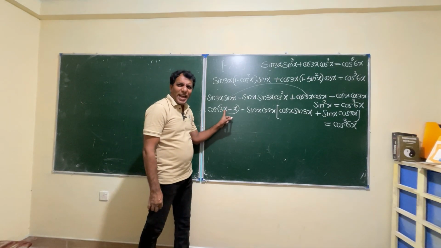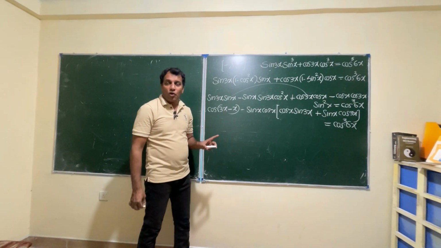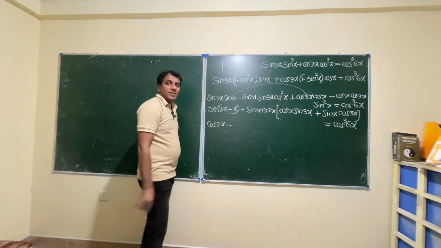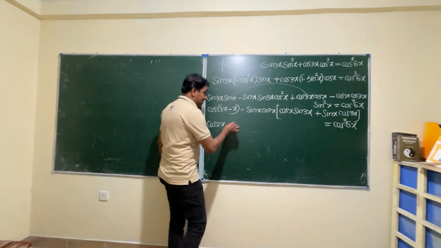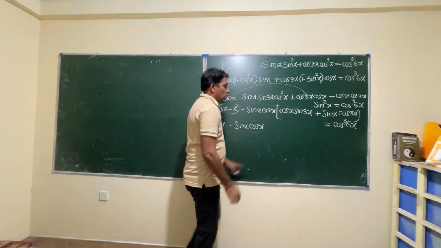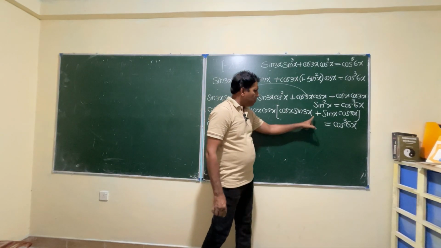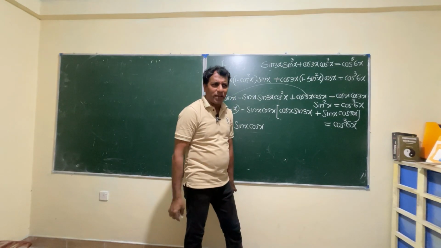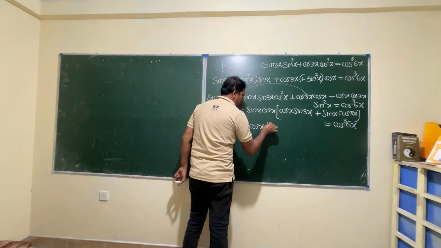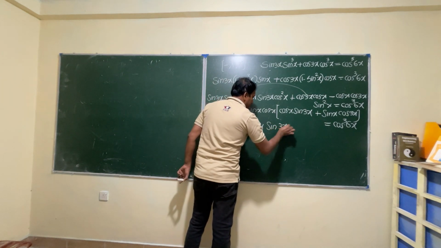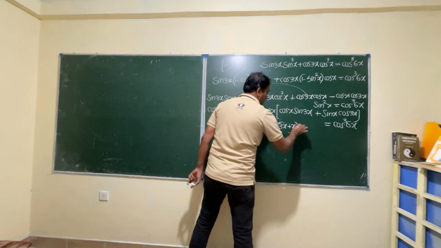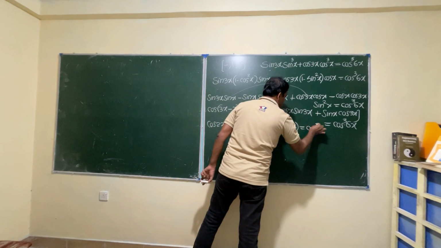What is this? Cos 3x minus x is cos 2x. Cos 2x minus sin x cos x, times the bracket sin 3x cos x plus cos 3x sin x. What is sin A cos B plus cos A sin B? It is sin A plus B. I show the beginning level: sin A plus B needs sin 3x plus x. The other side, cos cube 6x.